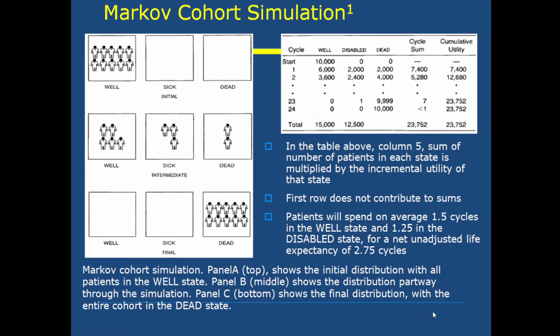The first row does not contribute to sums. Patients will spend on average 1.5 cycles in the well state and 1.25 in the disabled state for a net unadjusted life expectancy of 2.75 cycles.